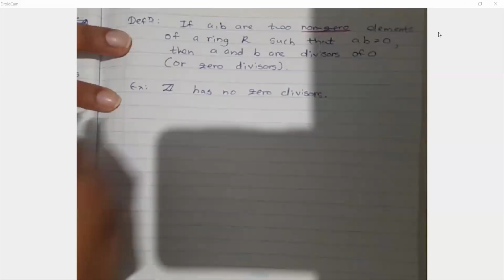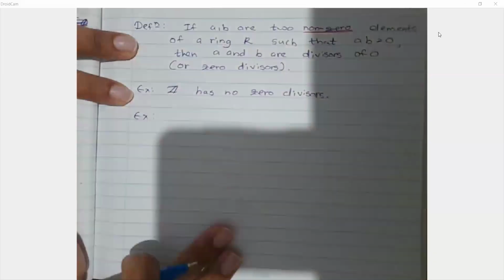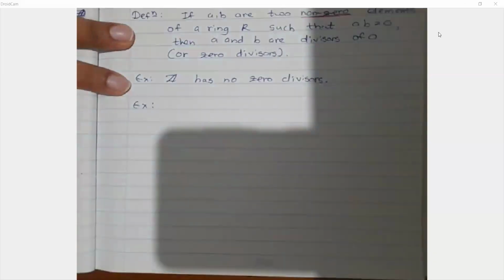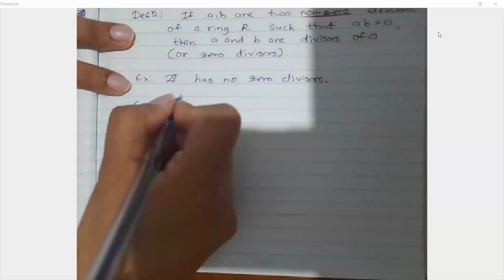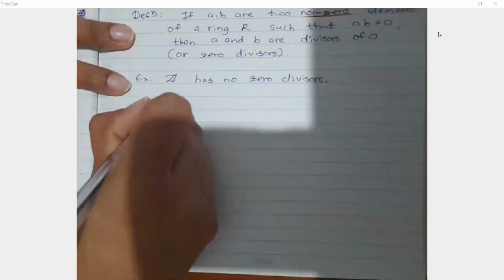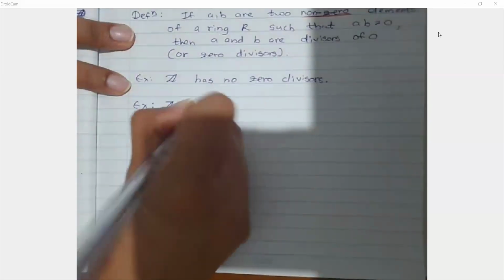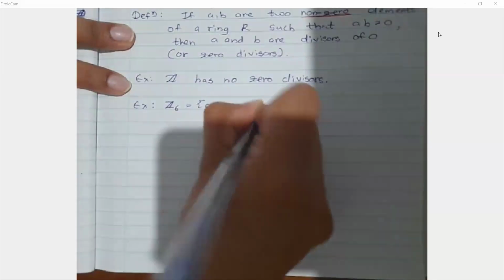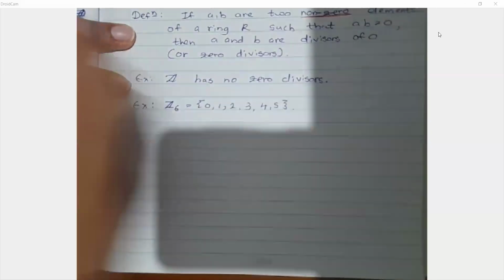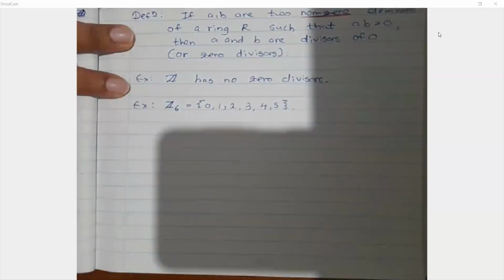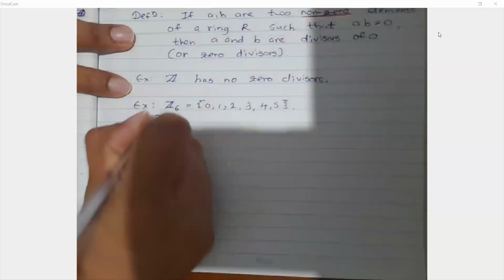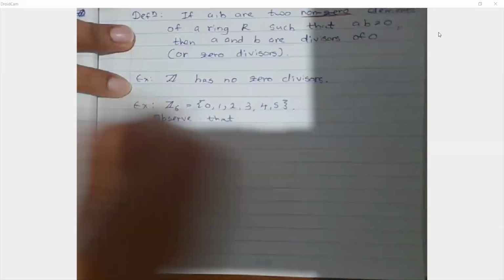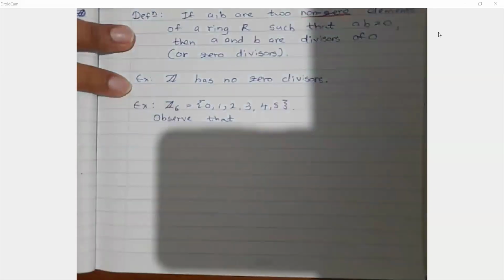On the other hand, let's take Z6 with the elements 0, 1, 2, 3, 4, 5. Now observe, I will take the non-zero elements 2 and 3.